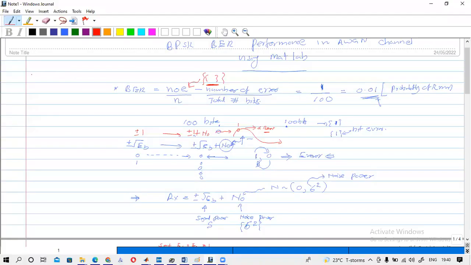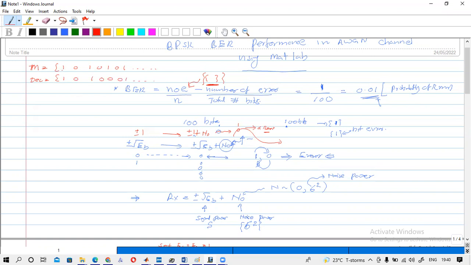So this is my message bit, it may be somewhat like this, and this will be my detected bits: 1 0 1 0 0 0 1, and so on.